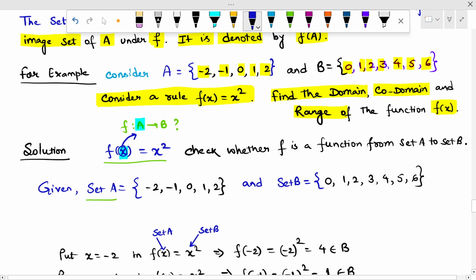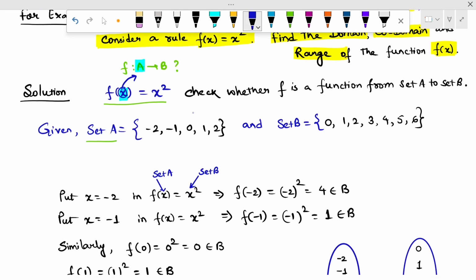So in place of x in f(x) = x², we can put x equal to -2 from the set A. So f(-2) is (-2)², which is 4, and this 4 belongs to set B, right?